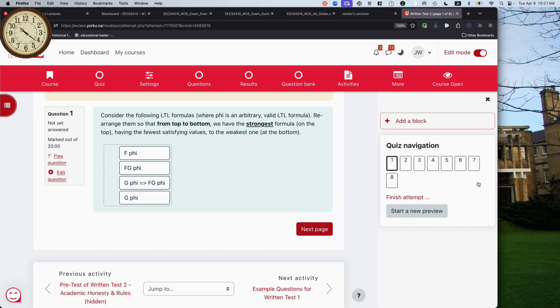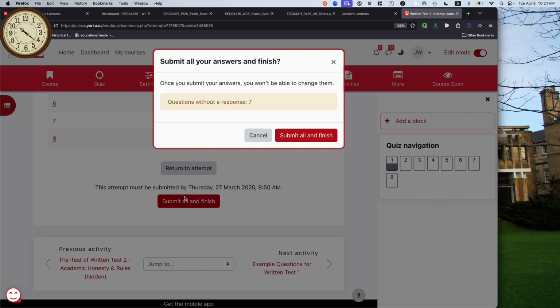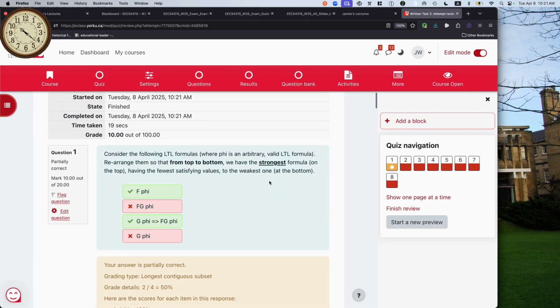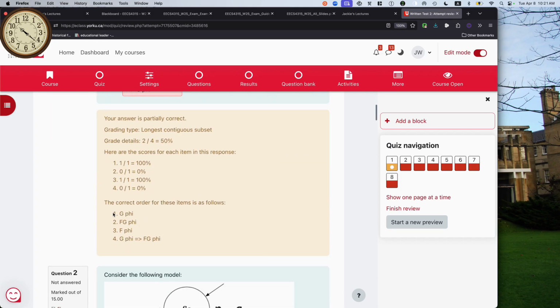Let me just finish the attempt and submit, and then we'll look at the answer together. Okay, so this will be the correct order right here. So let's now take a look, and we'll go from the strongest to the weakest. That's basically what we're doing. I'll set it up and then I will talk about it.